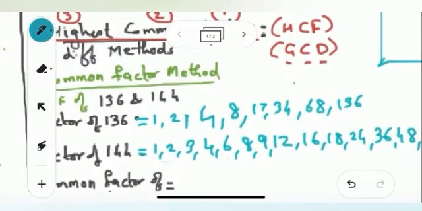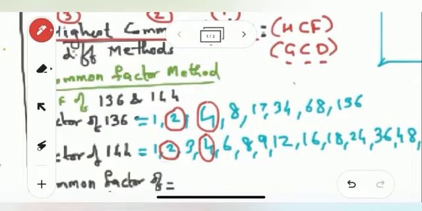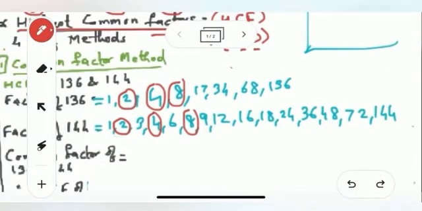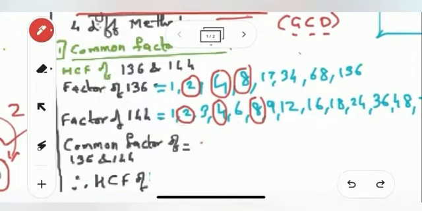So which are the common factors? The common factors are 2, 4, and 8. So we will write 2, 4 and 8.